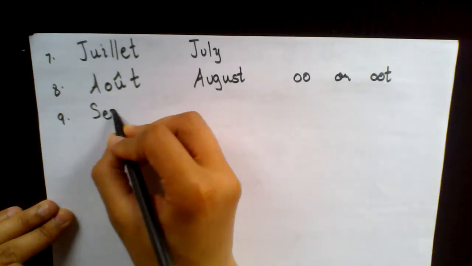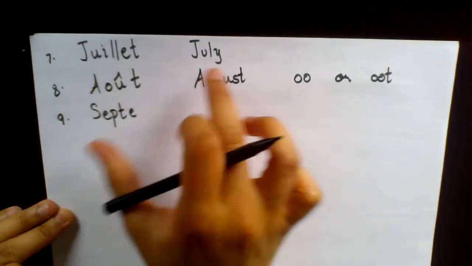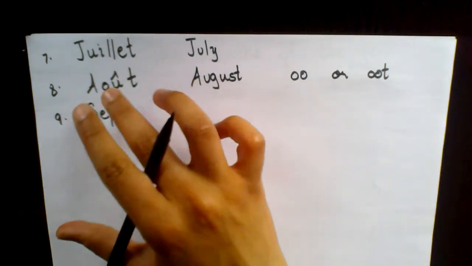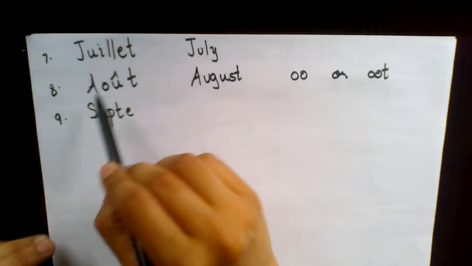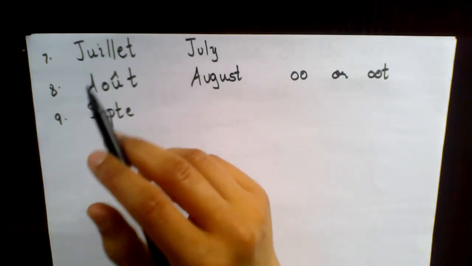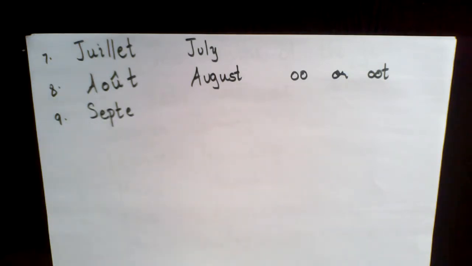A lot of you might be thinking as to why I did not take the letter A into consideration. The reason is that French is not a phonetic language. What is a phonetic language? A phonetic language is one in which the spelling matches exactly with the pronunciation.